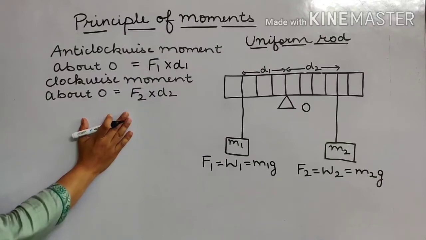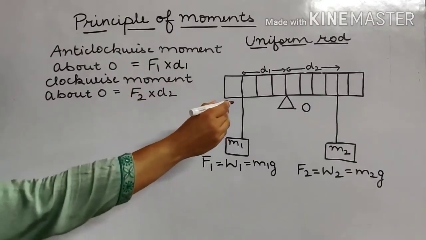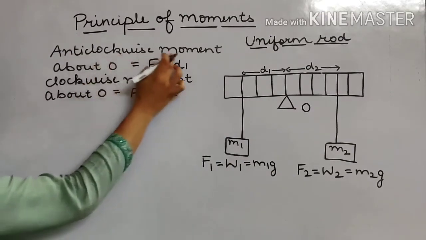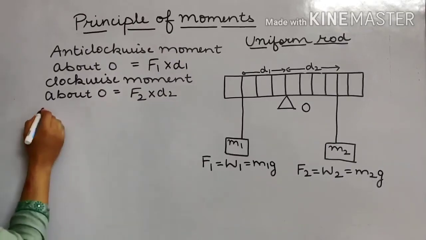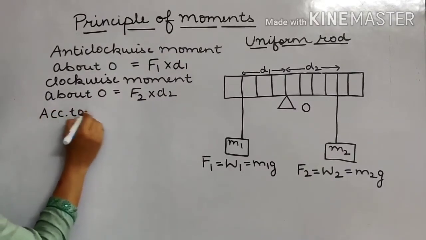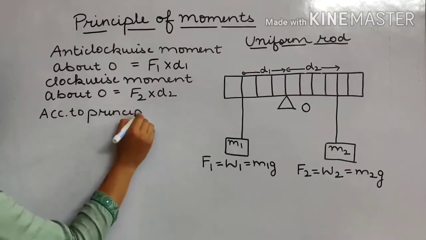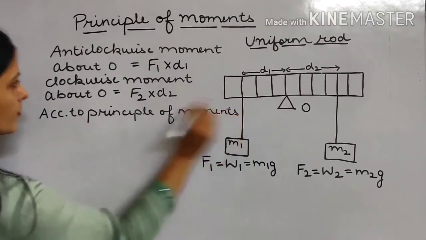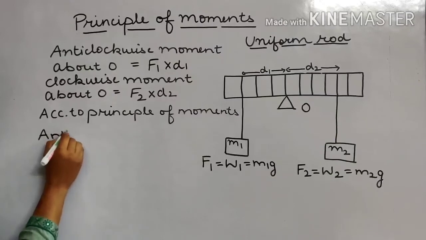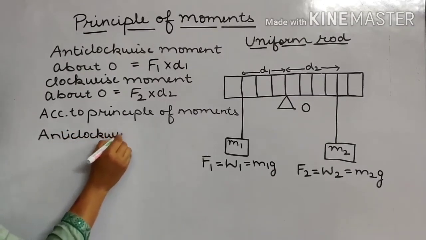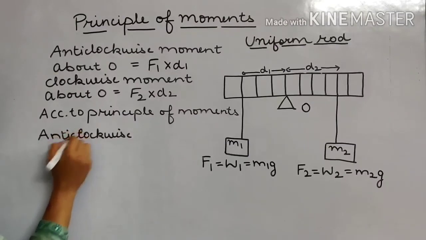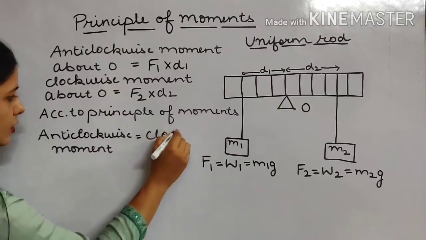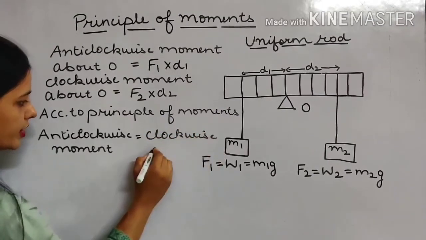According to the principle of moments, the rod will be horizontal, or in rotational equilibrium, only if the anti-clockwise moment is equal to the clockwise moment. So we can write, according to the principle of moments, anti-clockwise moment is equal to clockwise moment.